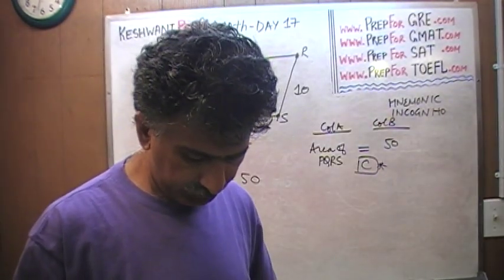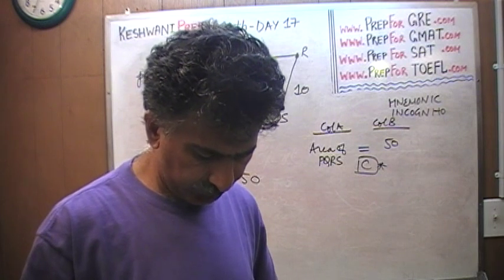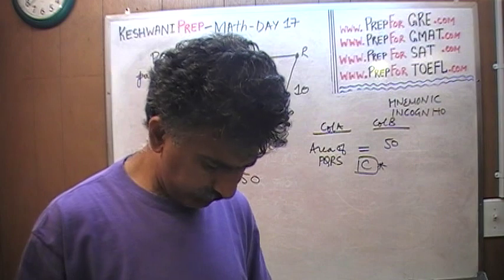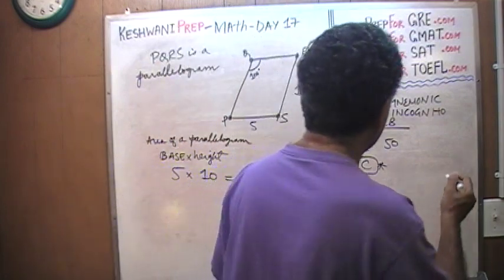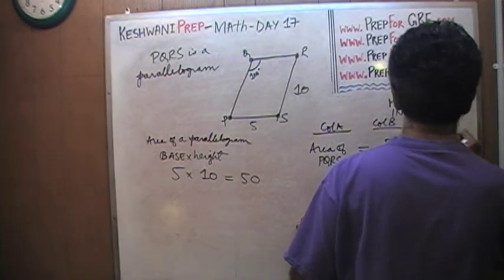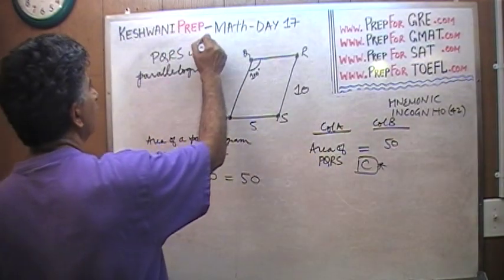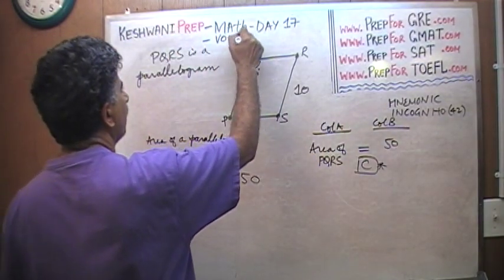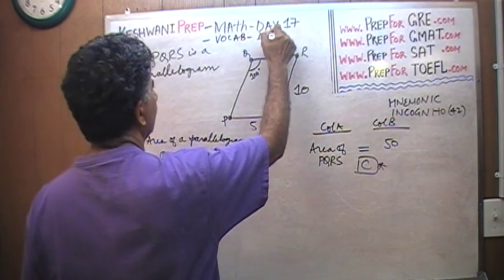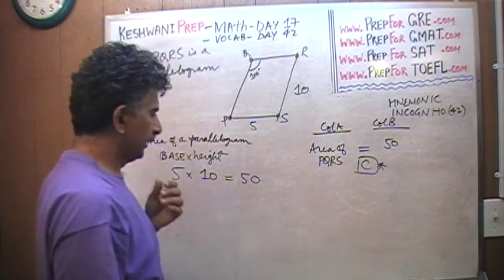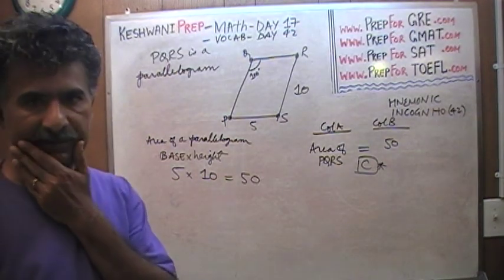For those of you who have been watching for a while, you would probably know this word already because I've used it many a time. Day number 42. If you want to learn this word properly, just type in Keshwani Prep vocab day 42, and you will learn this word incognito. Incognito simply means in disguise.